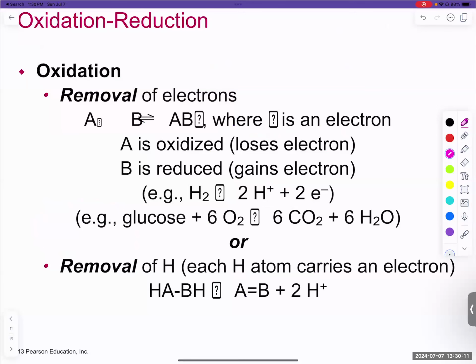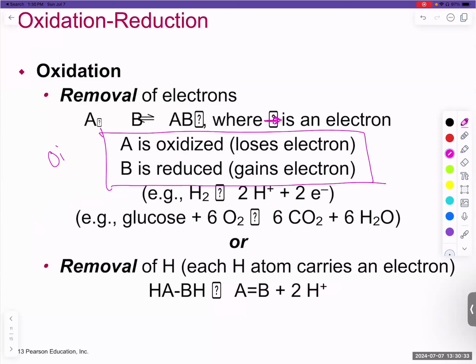The last one we're going to go over is oxidation reduction. So oxidation is the removal of electrons. Here's how you remember oxidation reduction: OIL RIG. We have oil rigs off the coast of Oxnard, Ventura, Santa Barbara.